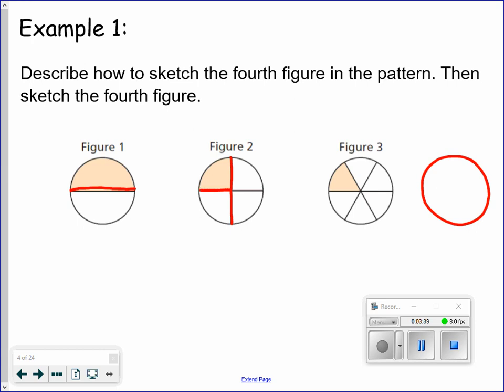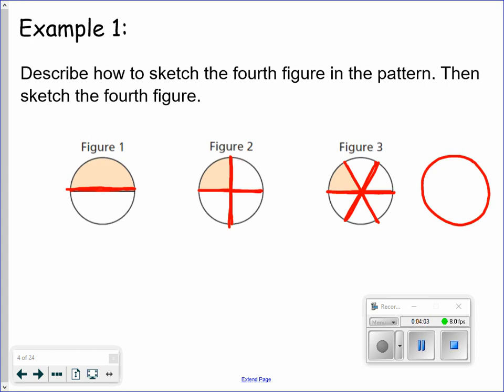So we had this original one. Now we are then cutting into 2 more equal parts. So this one just had 1 line cutting it into equal parts. This had 2 lines cutting it into 4 equal parts. This one had 3 lines cutting it into 6 equal parts.